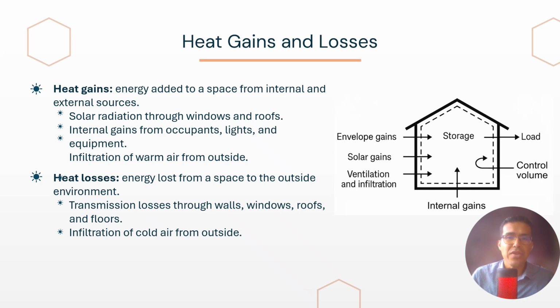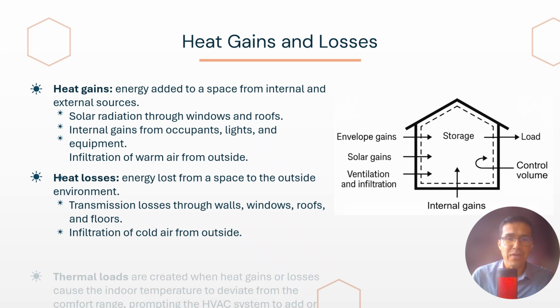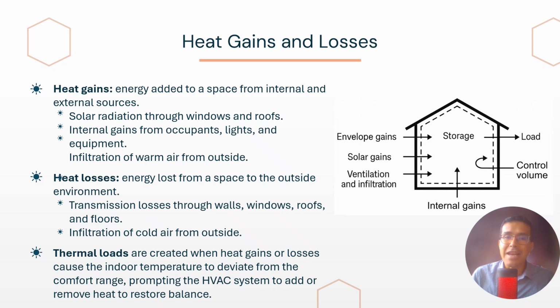This can be through poorly insulated walls or windows, or when cold air infiltrates the space from outside. These gains and losses affect the indoor temperature. When they push temperature outside the comfort range, the HVAC system must intervene, either by adding heat to counteract losses or by removing heat to counteract gains. This effort to correct the temperature imbalance is what we call the thermal load.